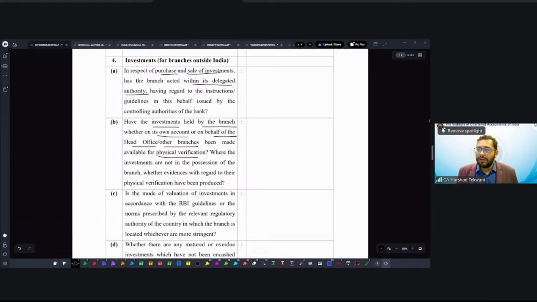So you can use external confirmation procedures to verify whether the investment lying with other counterparty banks is confirmed by them. When you are not able to do physical verification, you should obtain an external confirmation and perform the reconciliation. You should see in whose name the securities are held, who the nominees are and all those things. By this way, you can verify whether the security or the investment physically exists or not.